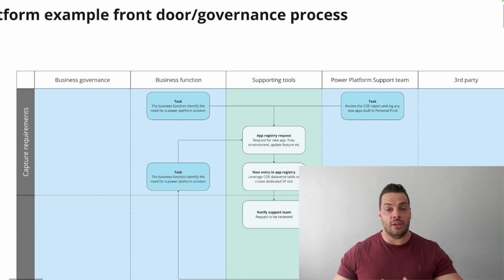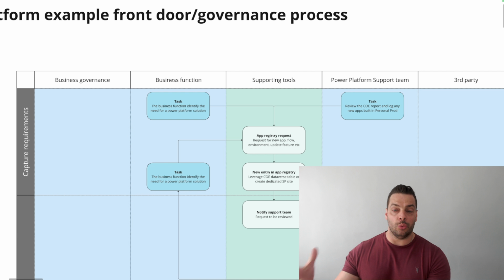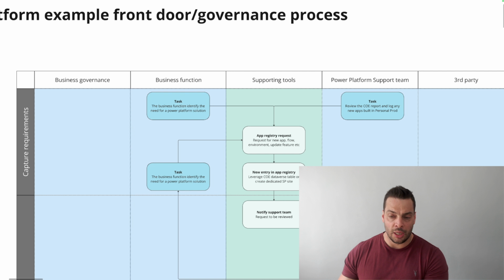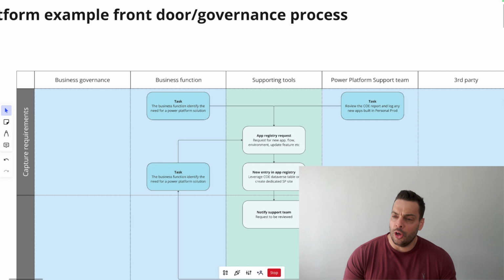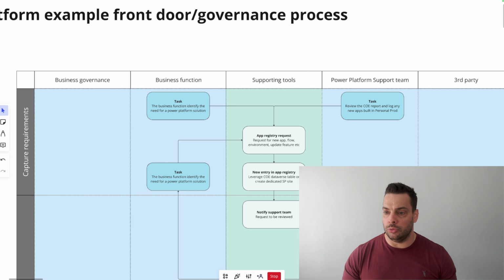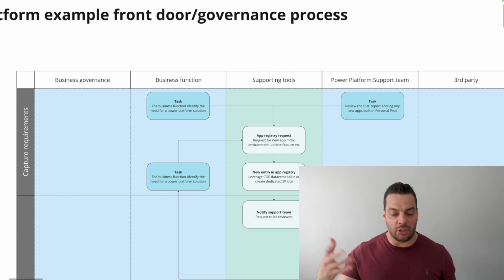It might be, as I said earlier, an existing technical team that's going to pick up some of the responsibilities of Power Platform because they already do other similar roles. You might not have anybody at all, and you just need to understand who you might need in that facilitating role. And then third party could be anyone from supplier, expert knowledge brought in to manage delivery of something.